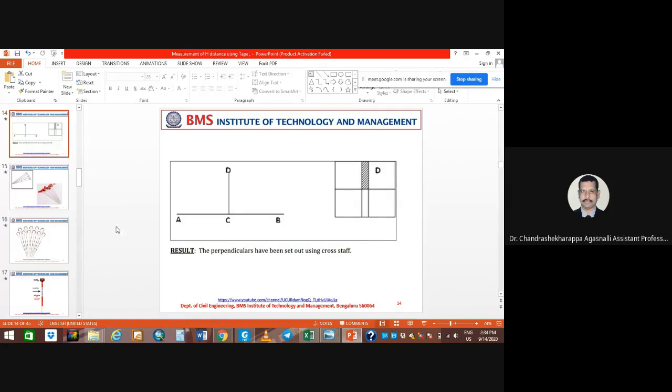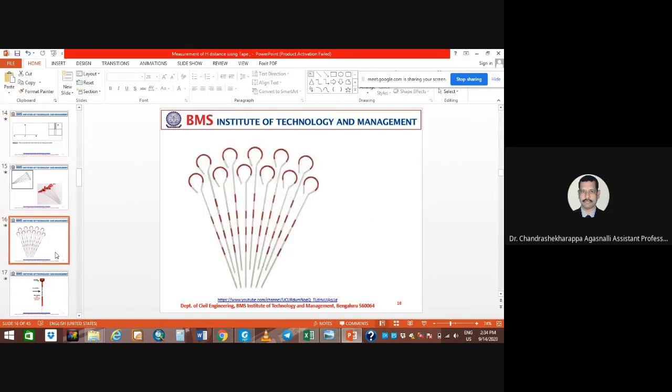Otherwise it's not necessary. The arrows used at the corners should be fixed in proper ground so that they will not be disturbed by anyone.